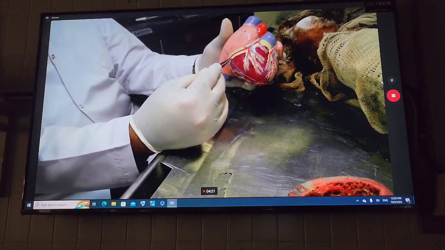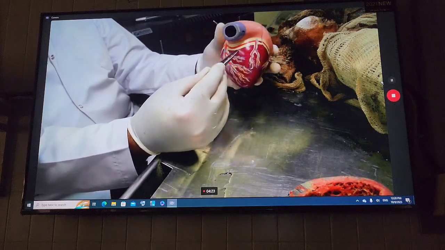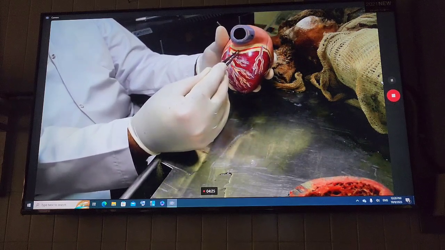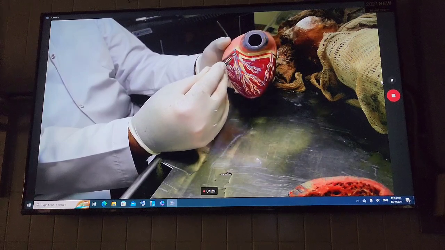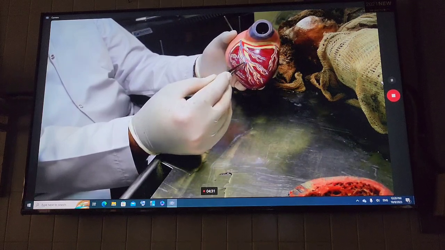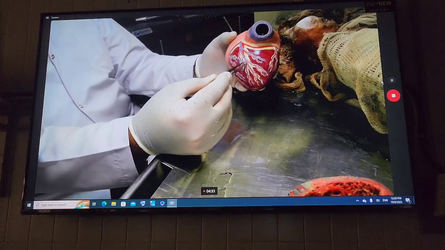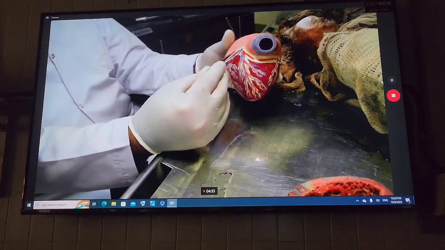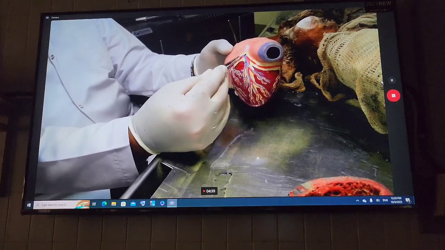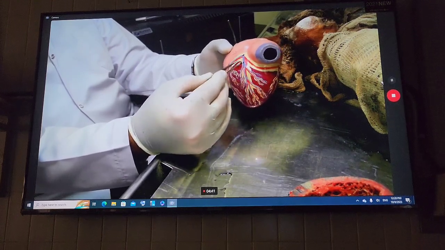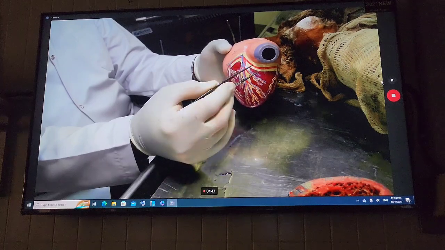Then the right coronary artery turns posteriorly to be in the right posterior coronary sulcus. After that, it gives the posterior interventricular artery in 90% of the population, and then anastomoses with the circumflex branch of the left coronary artery at the crux of the heart.